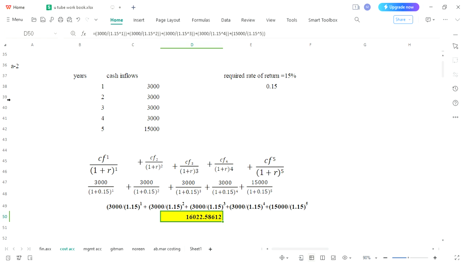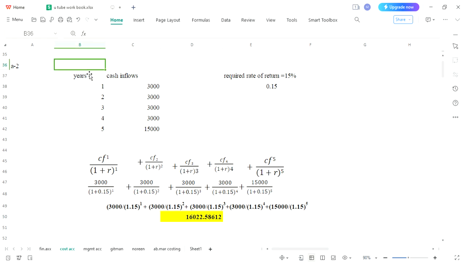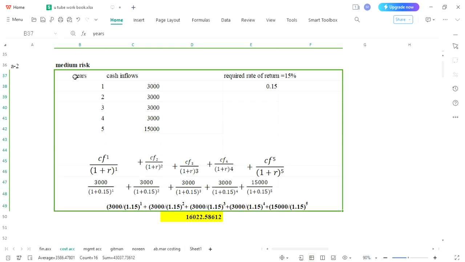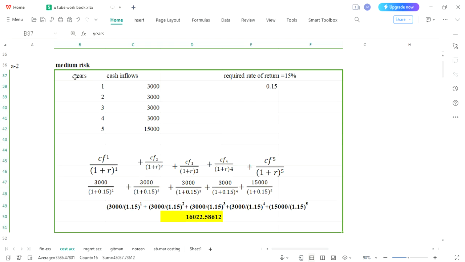This was for medium risk, and that was changed due to required rate of return from 10% to 15%. Let's start our third part for high risk, and you will see that we are copying everything, and same would be posted for our next procedure.